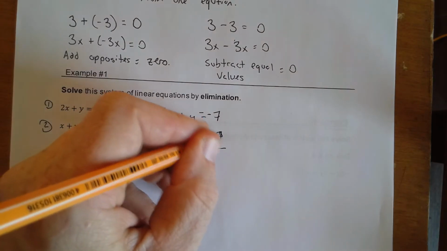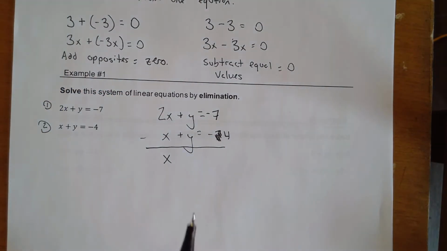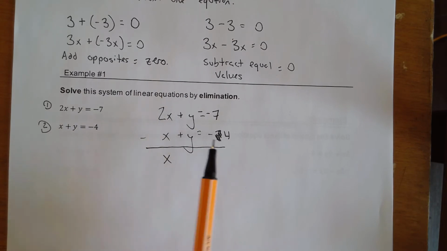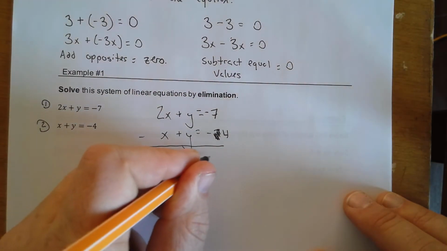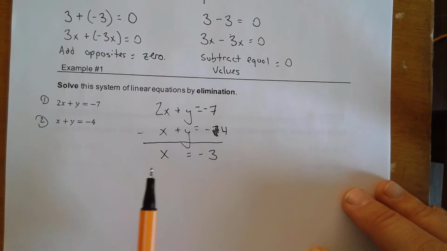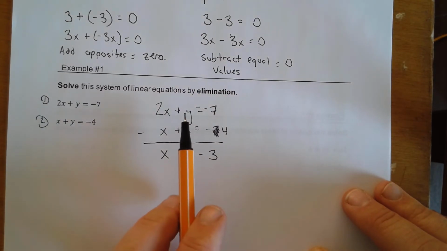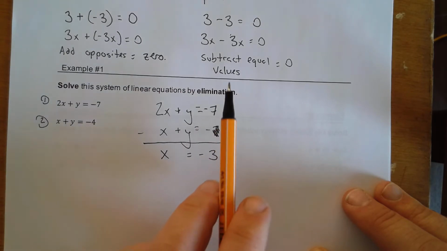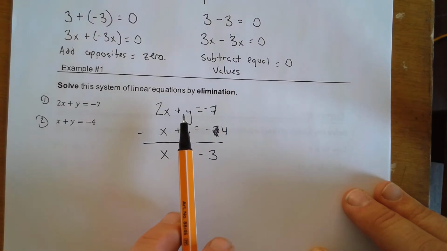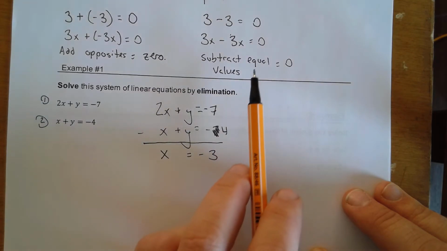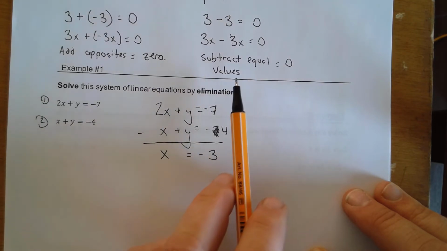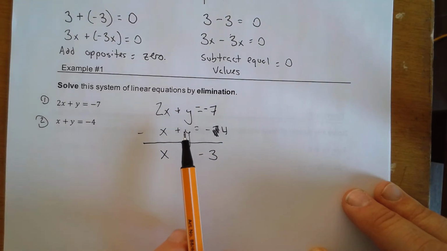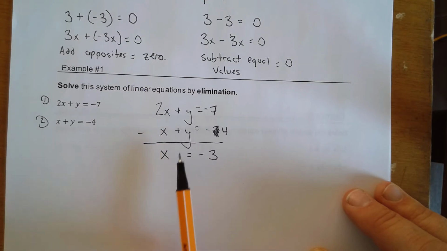Oh, and this is supposed to be a 4. Shoot. And then I have -7, subtract -4, that equals -3. So right away, I've eliminated the y from both equations by subtracting, because the coefficients were equal to each other. They were both positive 1. And that gave me x equals -3.